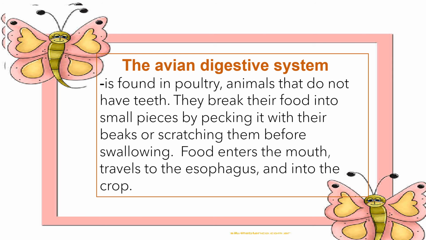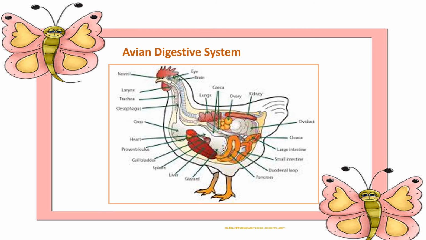They break their food into small pieces by picking it with their beaks or scratching them before swallowing. Food enters the mouth, then it travels to the esophagus and into the crop. So this is the look of an avian digestive system. Usually the chicken does not have teeth.